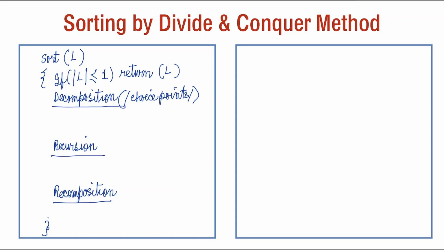And in these choice points, our generic strategy of sorting has been to split L into non-empty L1, L2, and during this split, we may also appropriately choose an element.